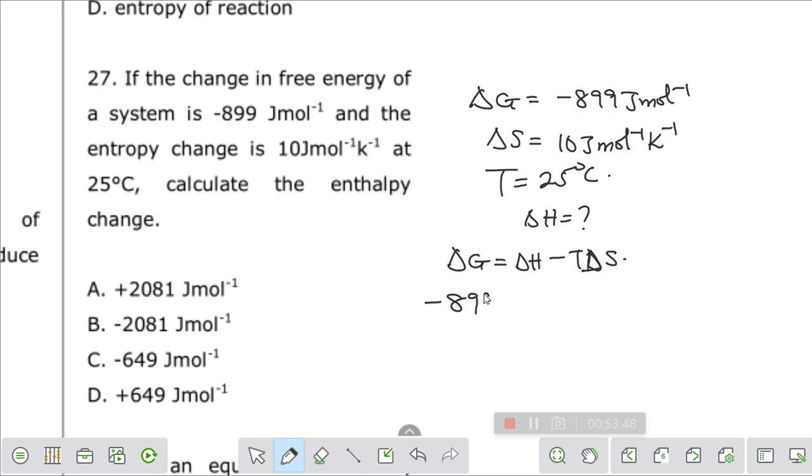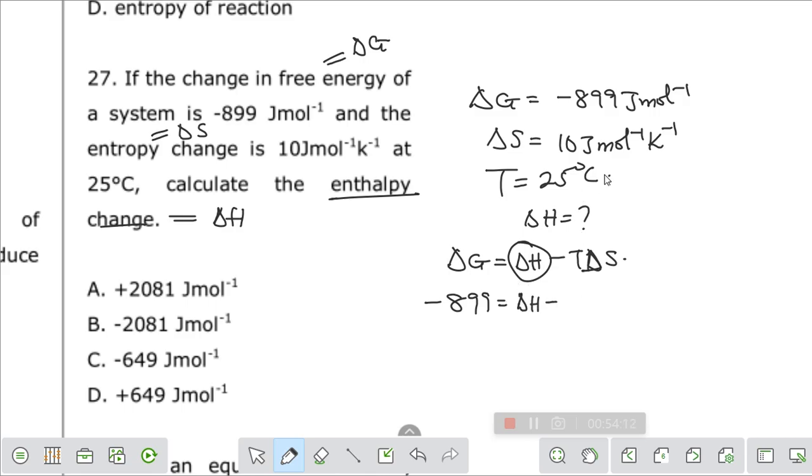Minus 899. What's my delta H? They said enthalpy change. I told you enthalpy change is denoted by delta H. Free energy change is denoted by delta G. Entropy change is denoted by delta S, right? So my delta H is what I'm looking for.